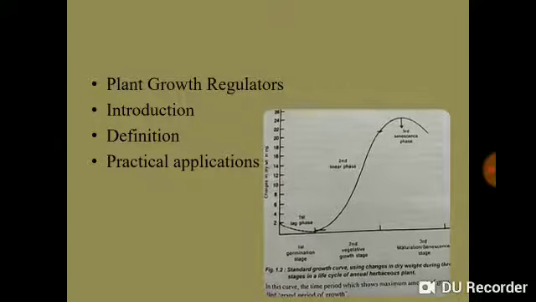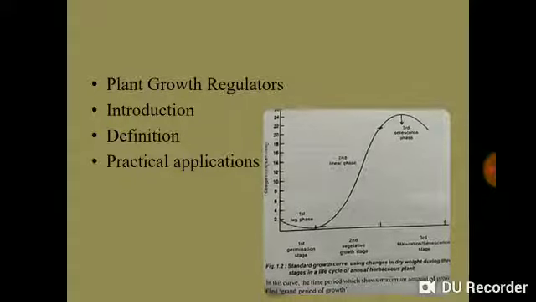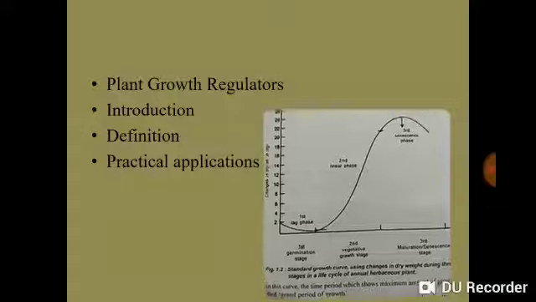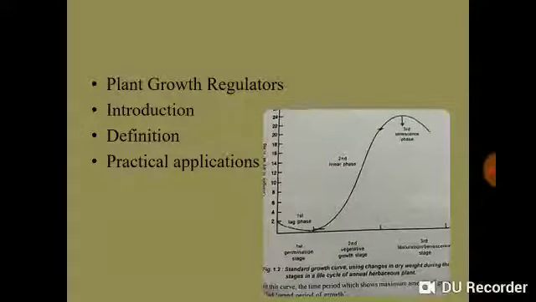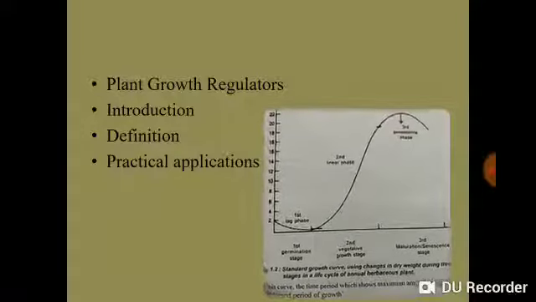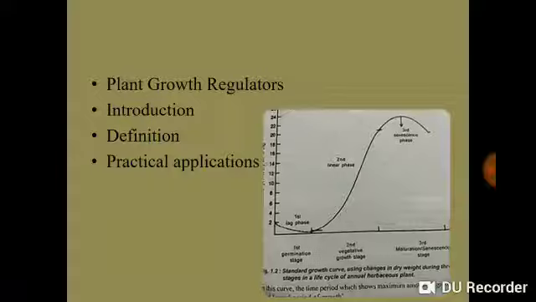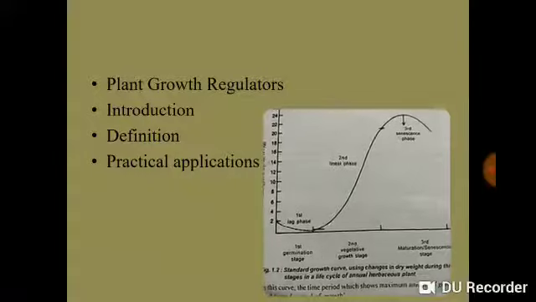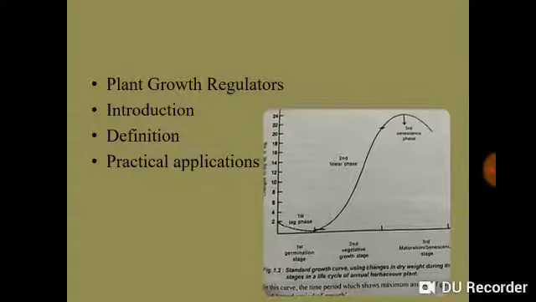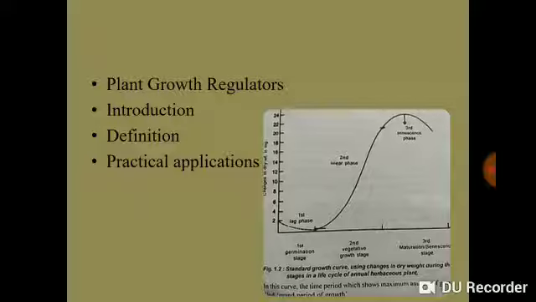In a cell, during cell formation, the growth rate is slow. During cell elongation, the growth rate is rapid, and during cell maturation, again the growth rate is slow and steady.